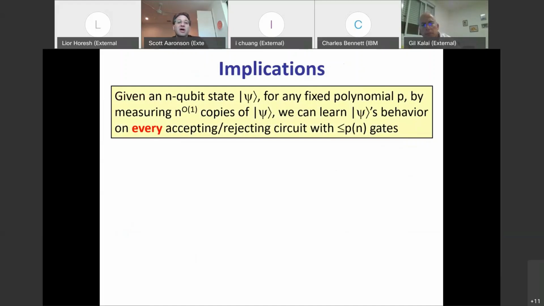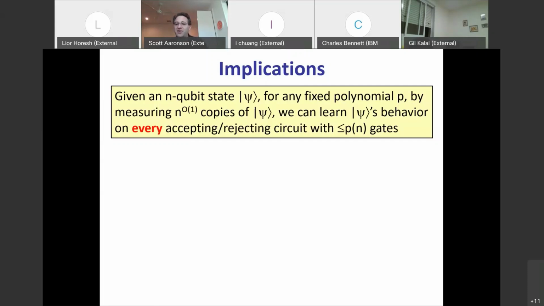Maybe the main implication is that if we are given an n qubit quantum state psi, let's say for simplicity that it's a pure state, then for any fixed polynomial p, by measuring only a polynomial in n number of copies of psi, we can learn the behavior of psi on every quantum circuit with at most p of n gates.